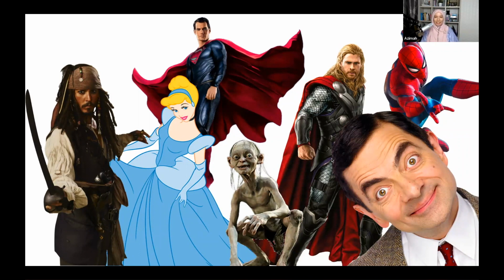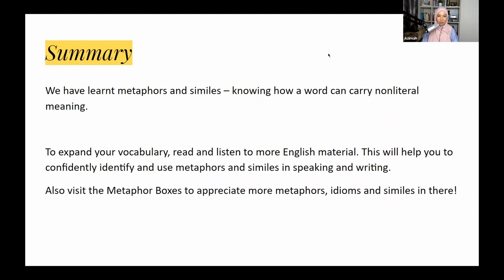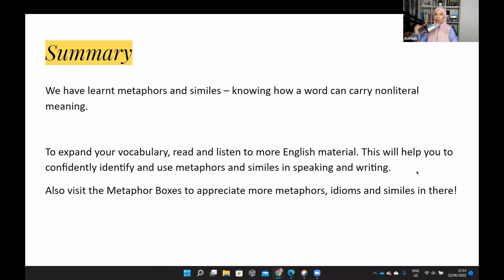Okay, brilliant, you guys. And let's see, what have we learned? So we have learned metaphors and similes, knowing how a word can carry non-literal meaning. That means it's not that obvious. And so to expand your vocabulary, of course, we encourage you to read and listen to more English material. This will help you to confidently identify and use metaphors and similes in speaking and writing.